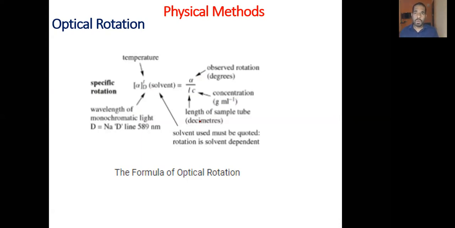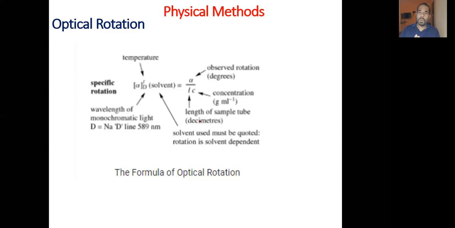The specific rotation alpha, with the temperature mentioned, and then D, the wavelength of the monochromatic light, measured at 589 nanometers, is equal to A upon LC, where A is the observed rotation, L is the length of the sample tube in decimeters, and C is the concentration.